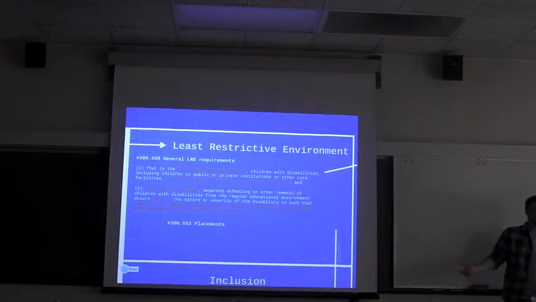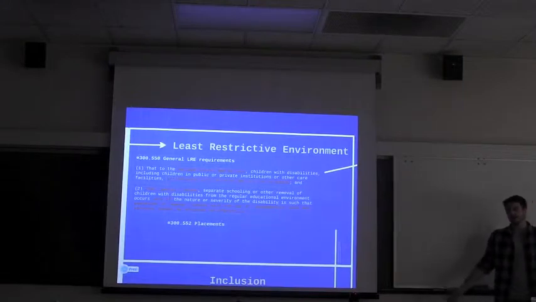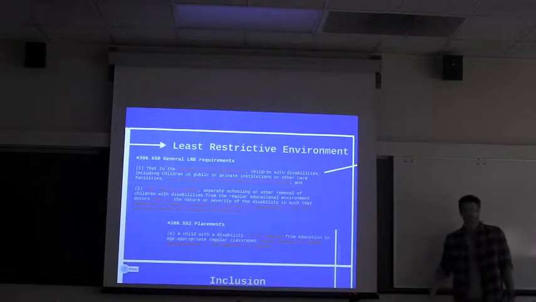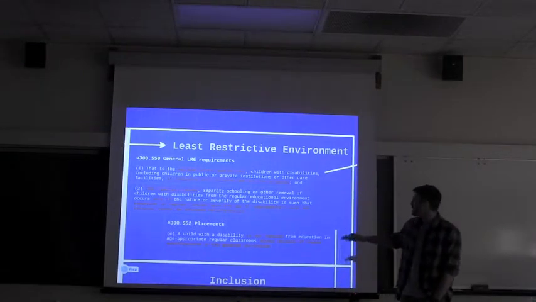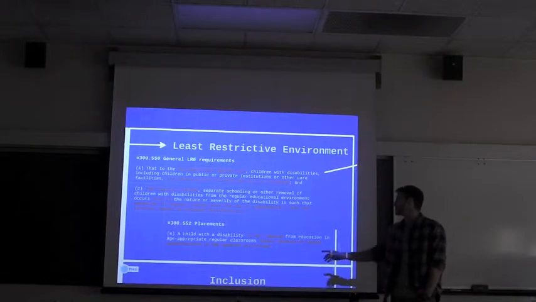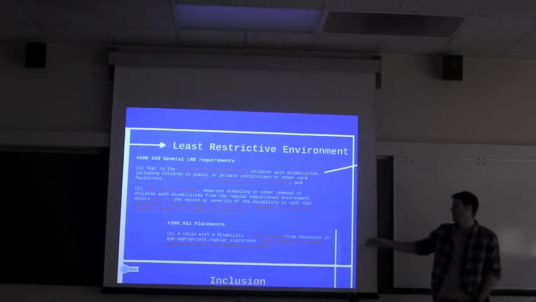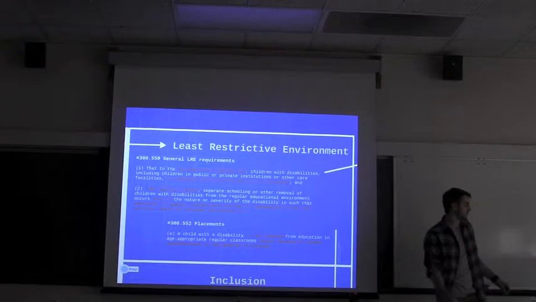Talking about placement, so actually getting them into a self-contained classroom, a classroom with just special ed students, or a classroom with typical students in general education. This is very important. Section E of this talks about a child with a disability is not removed from an education in an age-appropriate regular classroom solely because of needed modifications to the general curriculum.